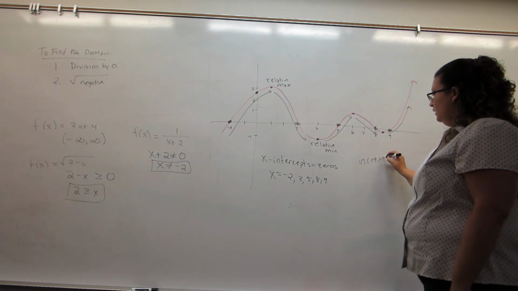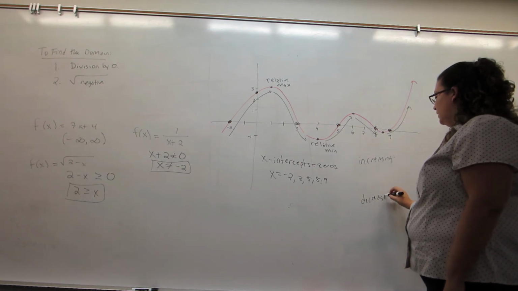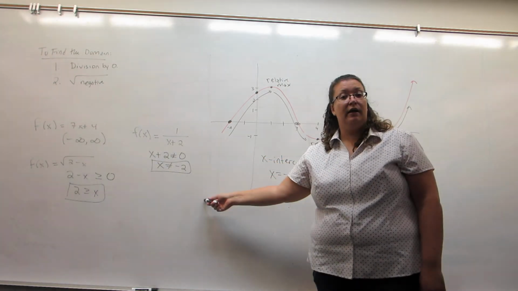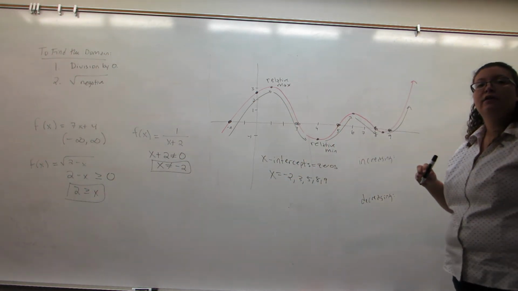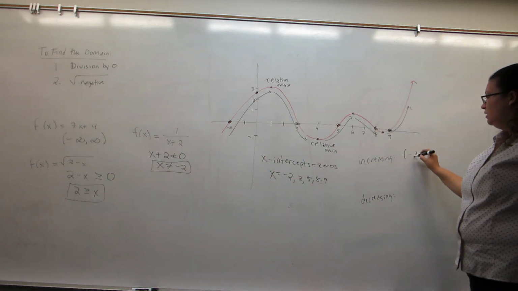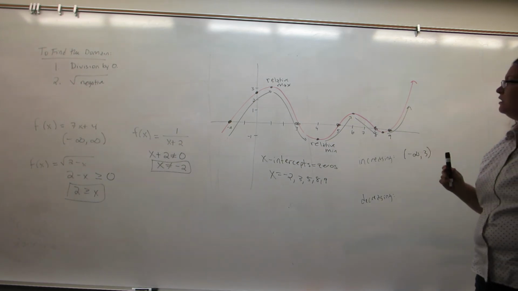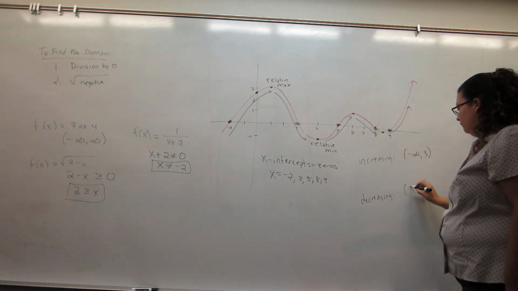So let's break the graph up into when it is behaving in each manner. First of all, it's increasing all the way to the left, so from minus infinity all the way until that 3. So it's increasing from minus infinity to 3. And then it is decreasing from that 3 to 4.